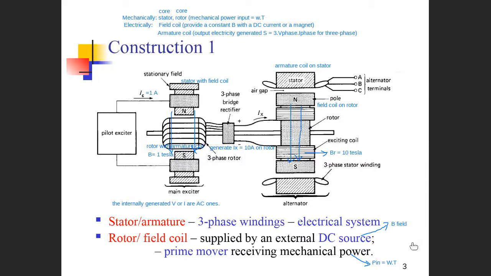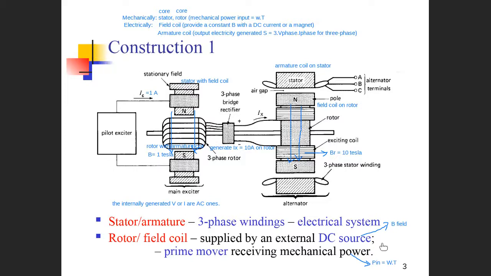Then the magnetic field interacts and rotates. Because of the rotation in the magnetic field, electricity is generated. I still remember how to generate electricity with conductors rotating in the magnetic field.